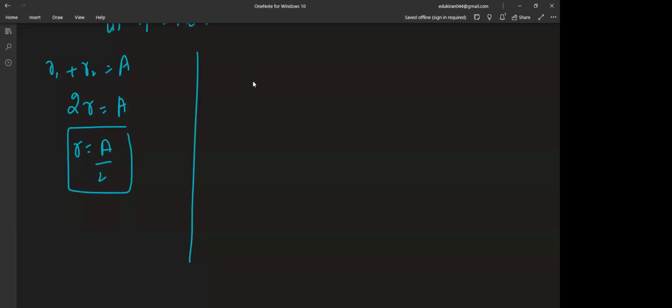Now, if you apply Snell's law over here, N is equal to sine I divided by sine R. We have to write down the value of I also. See, how will we get the value of I?